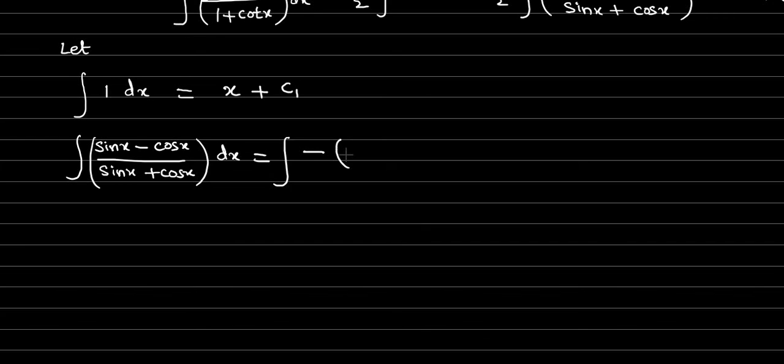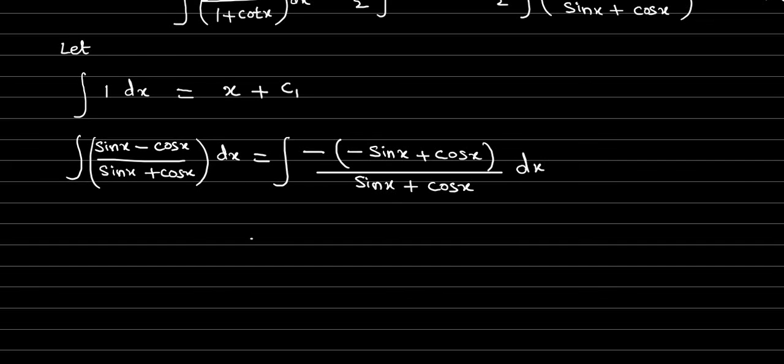When we take the minus sign outside, the positive term becomes negative and the negative term becomes positive. This way it will change, over sin x plus cos x dx.